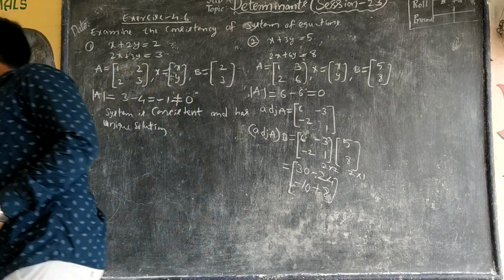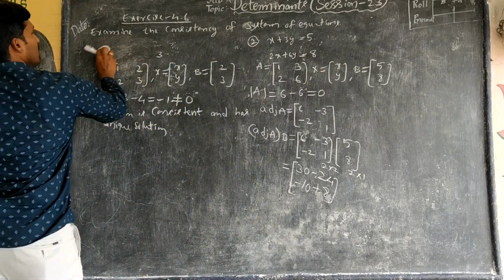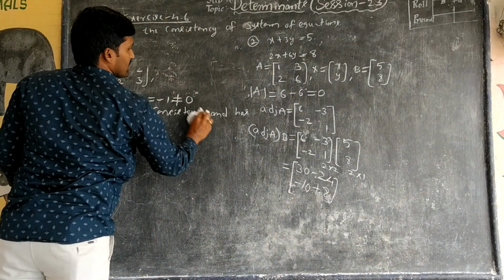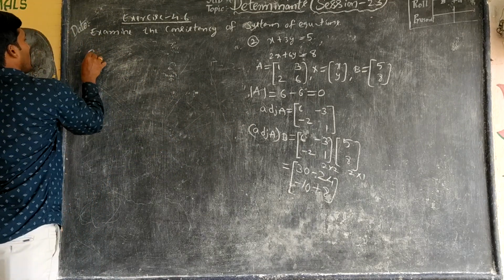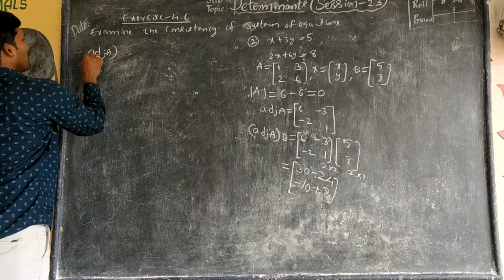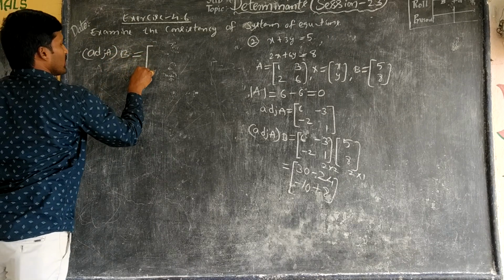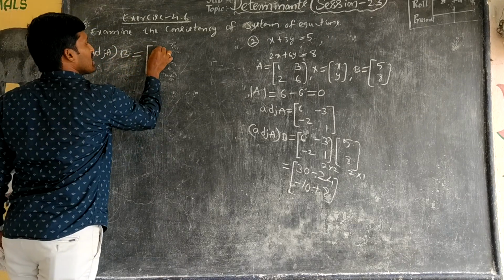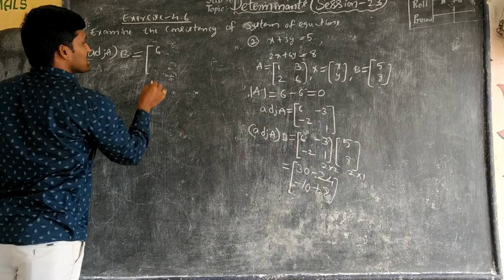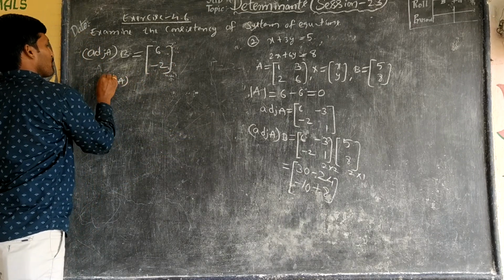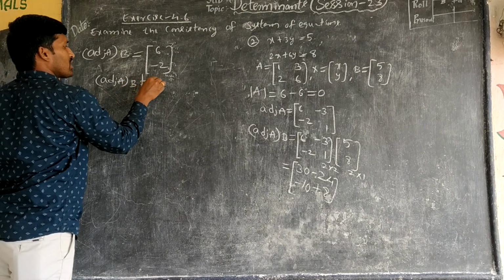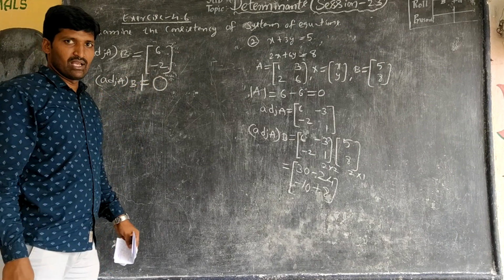Now here we got the values. Adjoint A into B matrix equals 30 minus 24 is 6, minus 10 plus 8 is minus 2. Here adjoint A into B is clearly not equal to the null matrix.